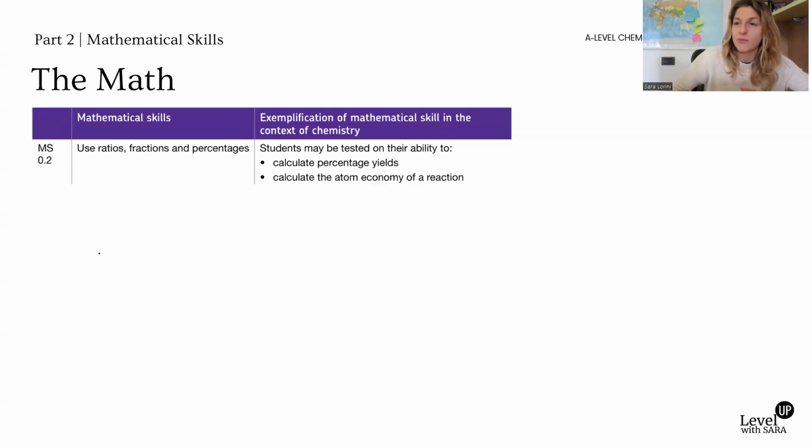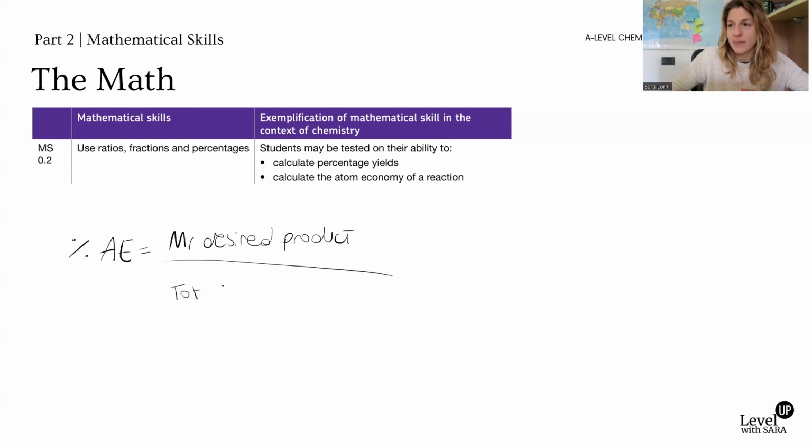While what about the atom economy? The percentage atom economy is equal to the Mr of the desired product over the total Mr of the reactants. Again, times by 100. So think about it. What does it mean again?